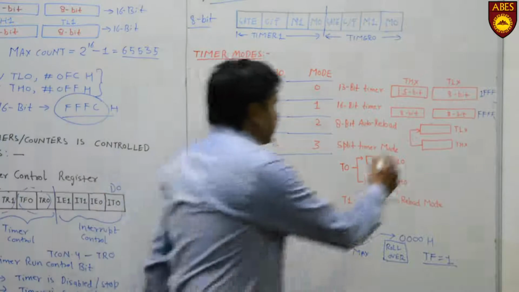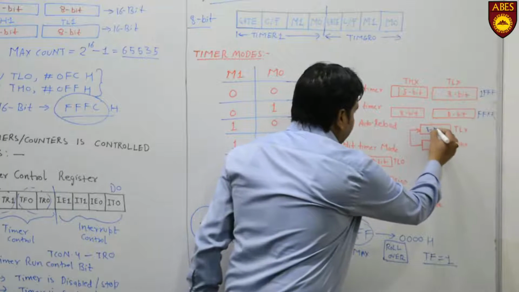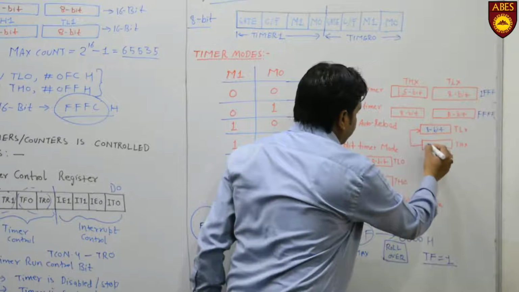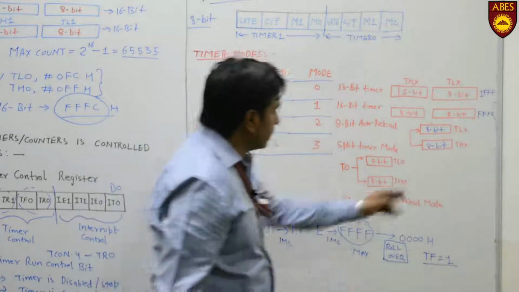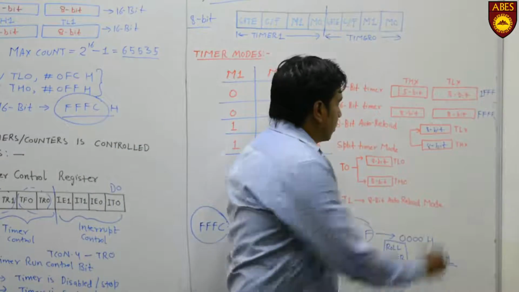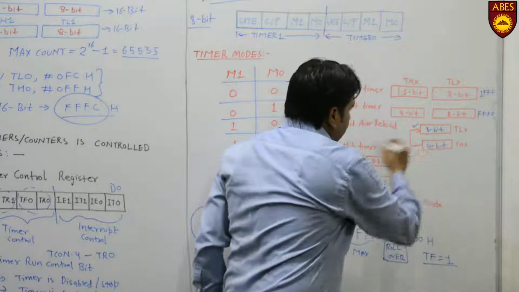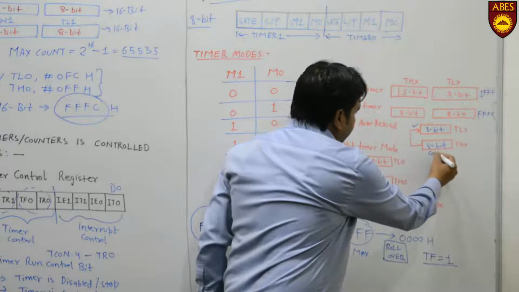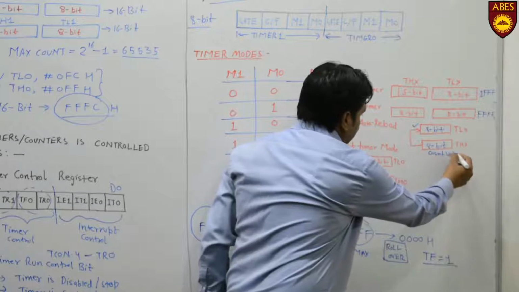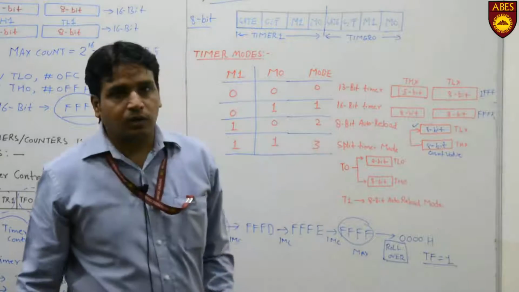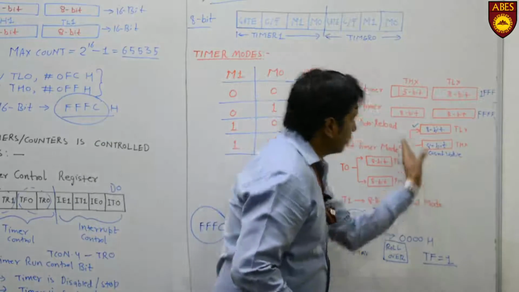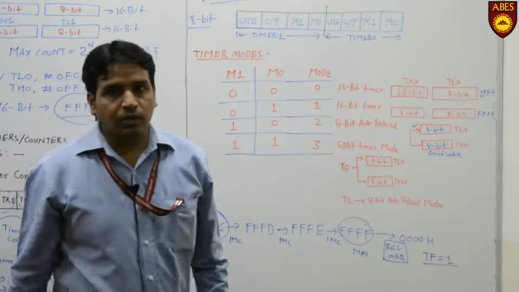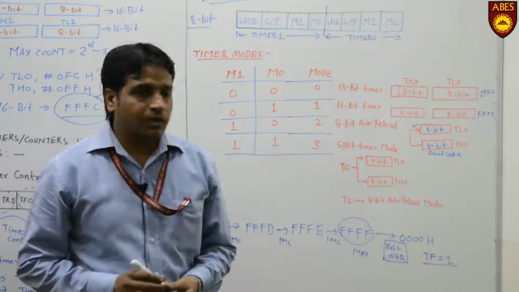The counting is done in the lower order register, which is again 8-bit, while the initialized count value is stored in the higher order register. Every time the timer rolls over, this count value is automatically reloaded in the lower order register, and the timer is ready for the next round.